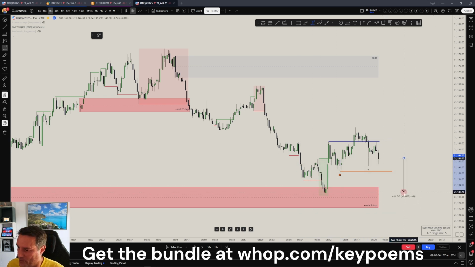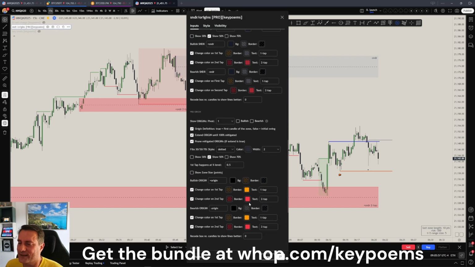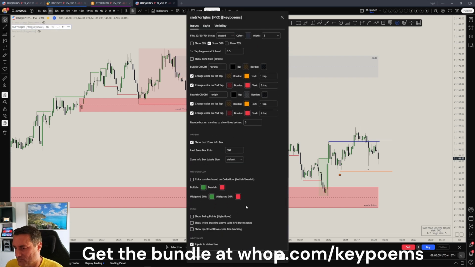Why does it say 10 points? Okay, wait 1 second. So 12.5, or it is the one in development. Let's see. Okay, consider this. The zone in development right now is 10 points, and it tells you 50% is 5 points. If you want to risk 500 on this specific asset, you need to buy 5 contracts. All right, this is just an information box that you can use to keep an eye on sizing.